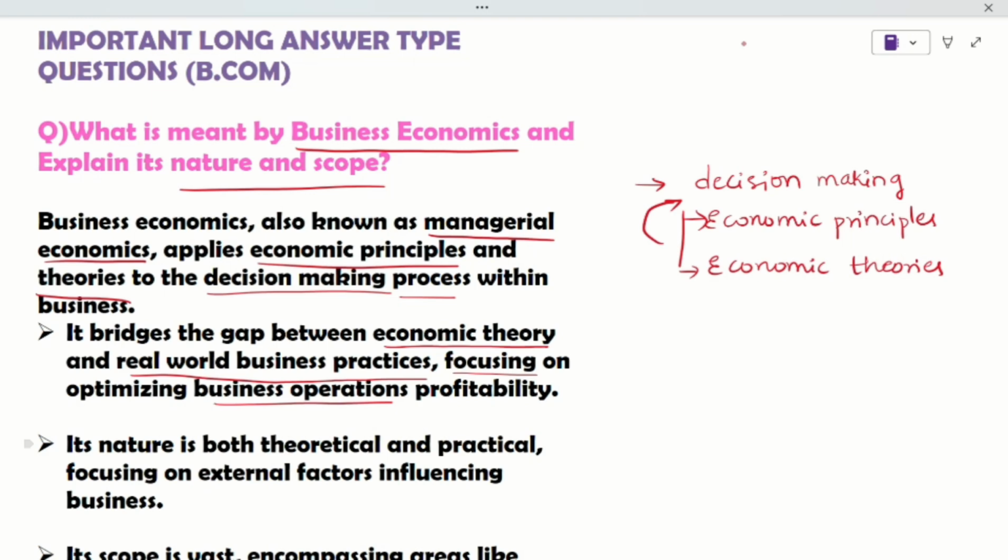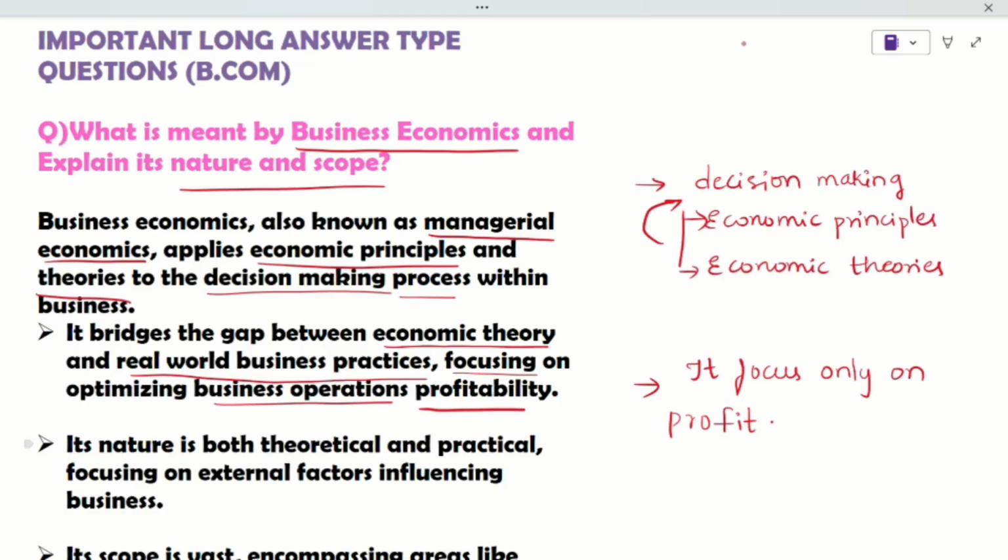Both natures are important for external factors, and they influence the growth of the business.